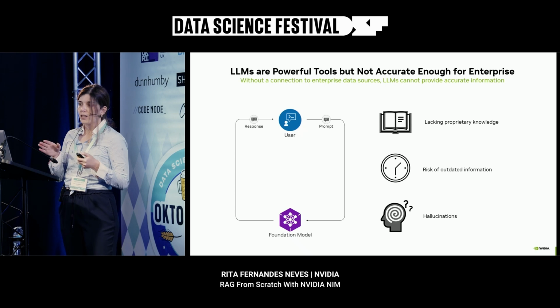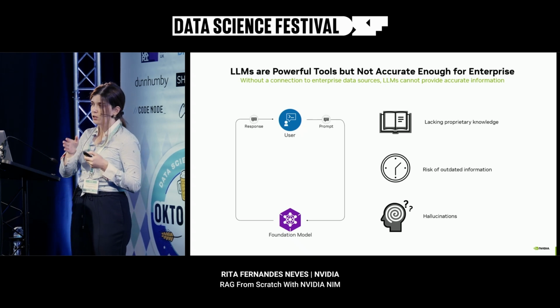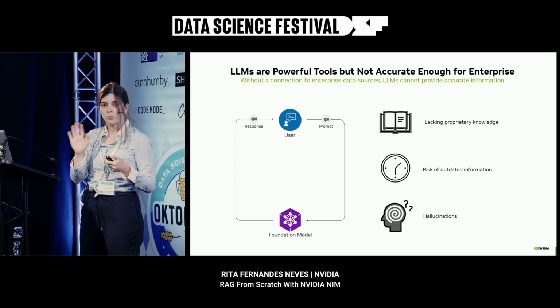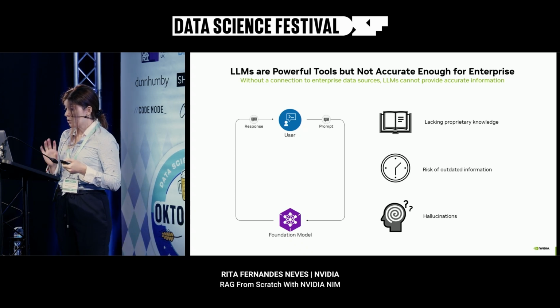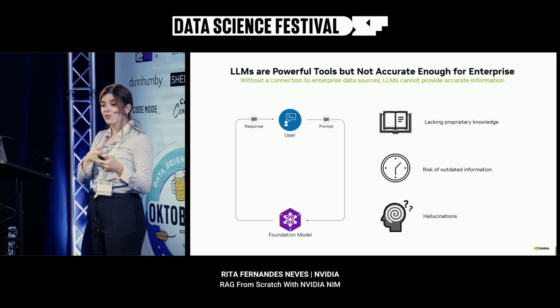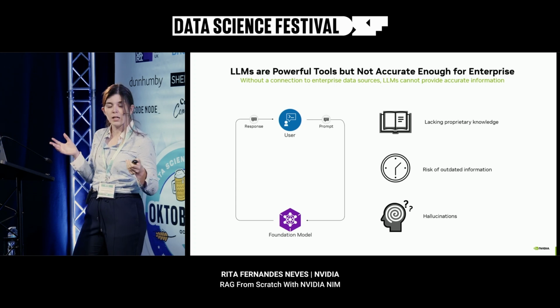The way to do that connection between the data and the model is generally to use RAG, which is called retrieval-augmented generation, and I'm going to be explaining exactly what that means. Just to add, we can train a model with enterprise data, but it's generally not done depending on the data set.